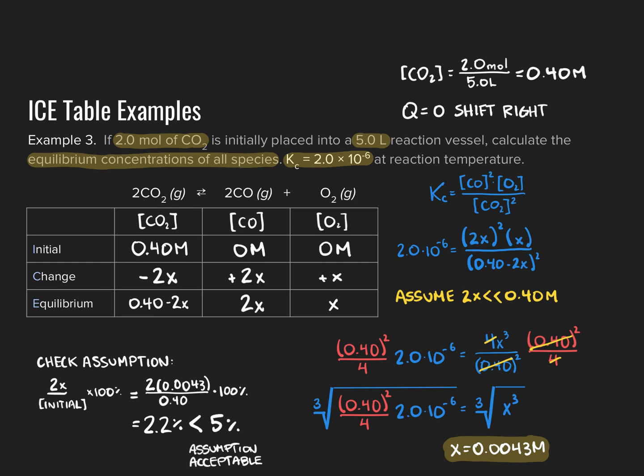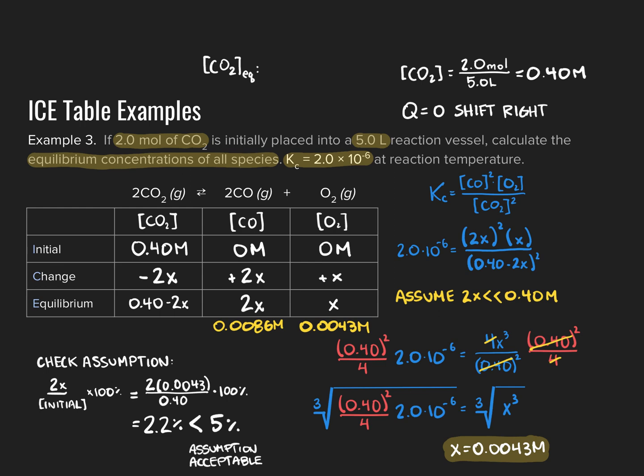My concentration of oxygen at equilibrium was given to me as x, therefore equal to the x value of 0.0043 molar. Carbon monoxide's concentration was 2x at equilibrium, therefore 2 times that x value would yield 0.0086 molar. And last but not least, carbon dioxide's concentration at equilibrium was 0.40 minus 2x molar. And here, watch your sig figs.